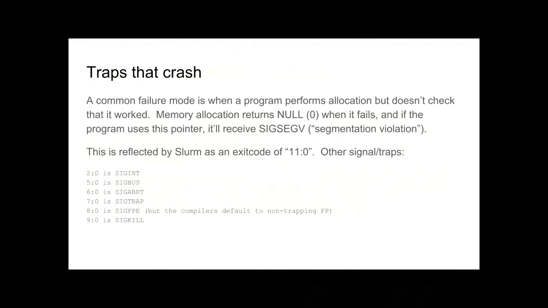Most commonly this will happen if you're hitting your memory limit. If that happens, and the program doesn't check the pointer that's returned from malloc, you'll receive a segmentation violation. And that's a signal. It's signal 11 in Unix terminology. And that 11 is propagated in the exit code of the job.